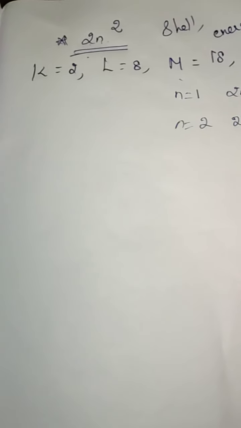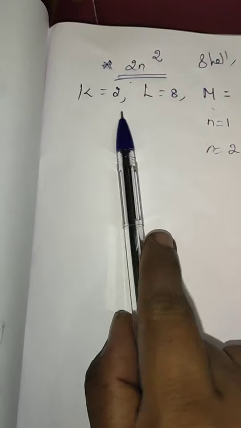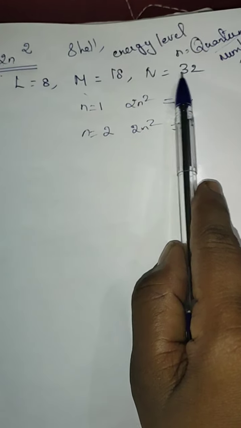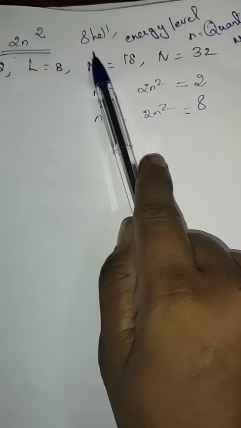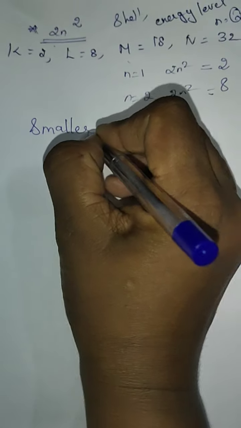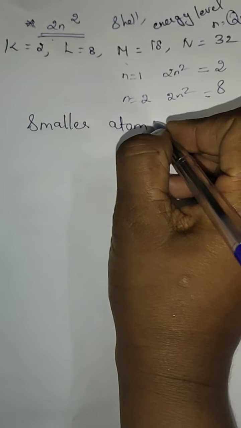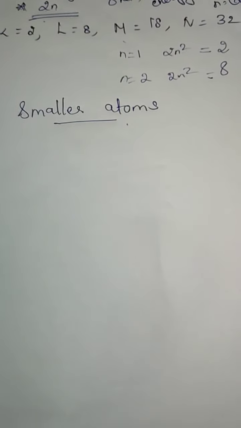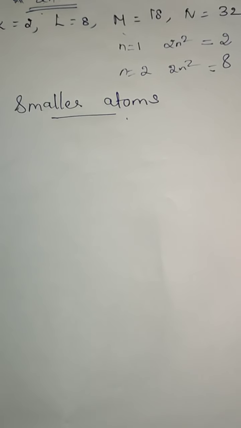Like this, K is 2, L is 8, M is 18, and N is 32. So K can hold 2 electrons, L can hold 8, M can hold 18, and N can hold 32. Based on this, we are going to write the electronic configuration for smaller atoms. In the next class, we will study higher elements.